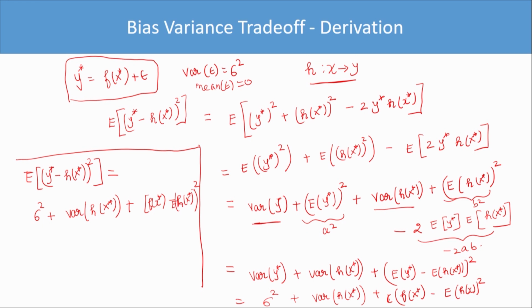So now let's analyze these three terms separately. If you just have to give names, this is called the bias squared. This is called the variance term. And this is what is called the irreducible error.